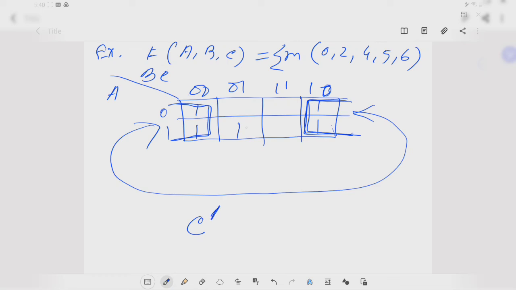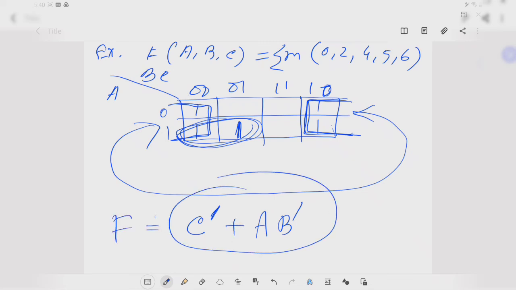Still we have a 1 here, and we need to consider more the maximum number of ones which are consecutive and symmetric. Can we consider these two ones? I think we can. For both of these ones, A is 1, so A. B is 0, so B prime. C is 0 and 1, so C doesn't work. So that's the simplified function.